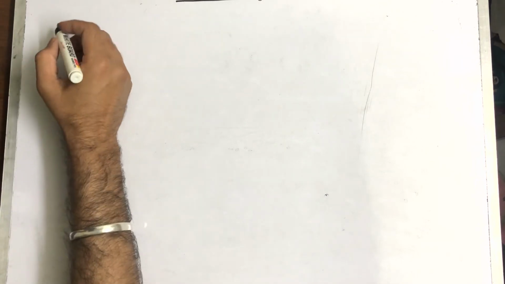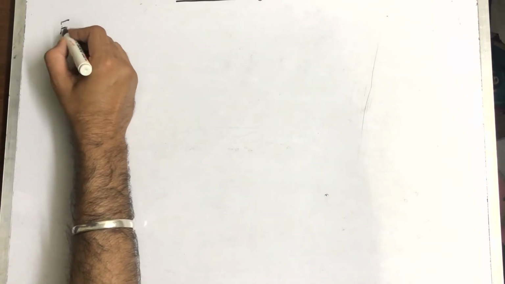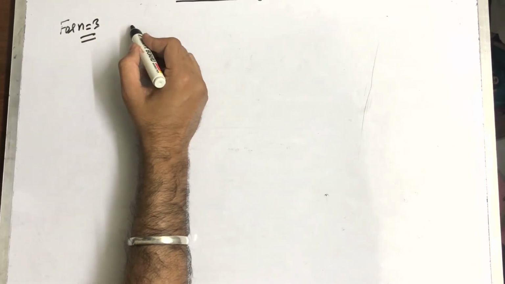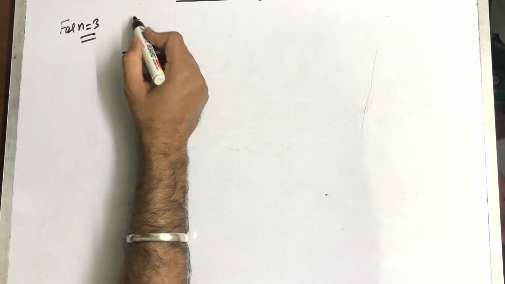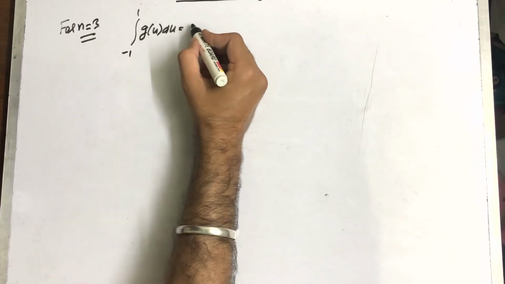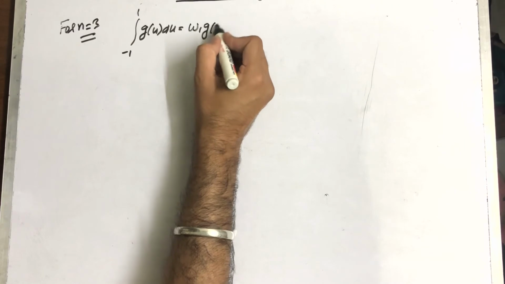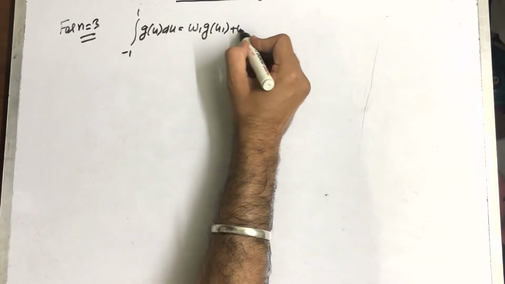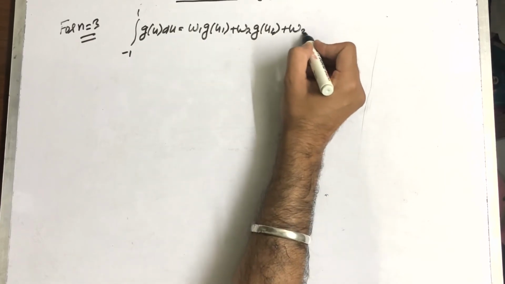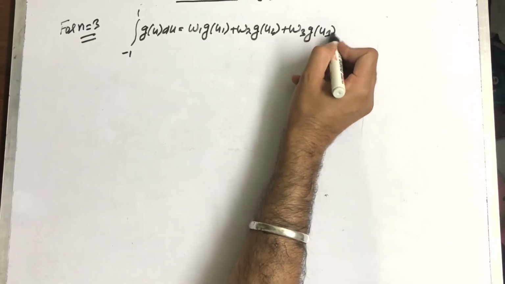Now for 3-point Gaussian integration formula, that is for n is equal to 3, the equation will look like the integral from minus 1 to 1 of g(u) du is equal to w1 g(u1) plus w2 g(u2) plus w3 g(u3).